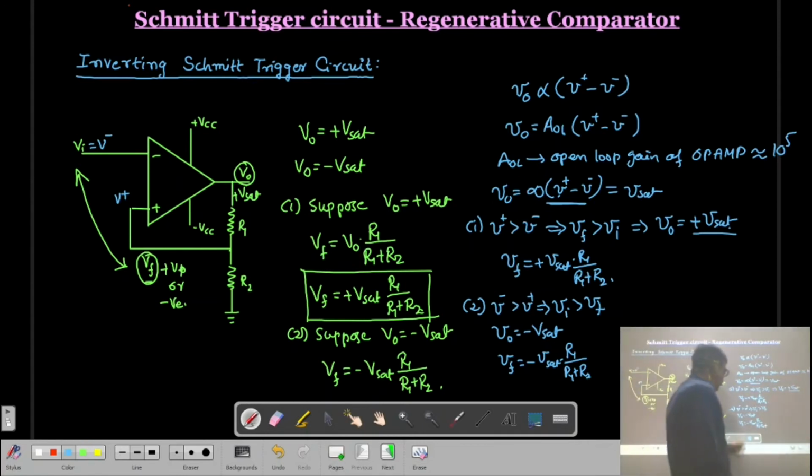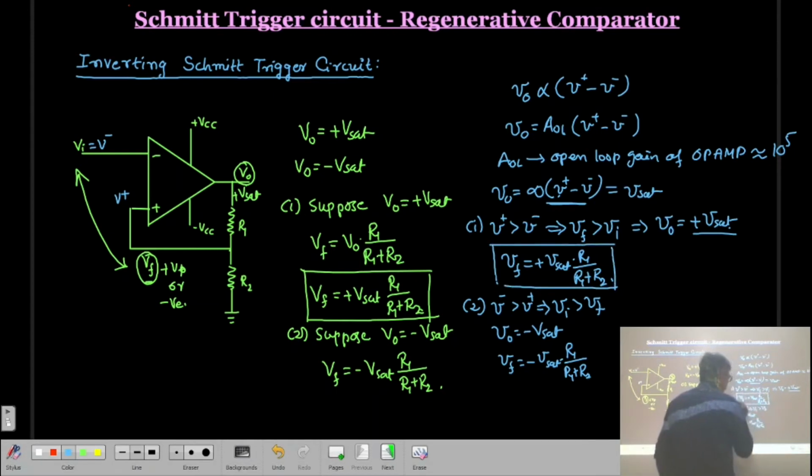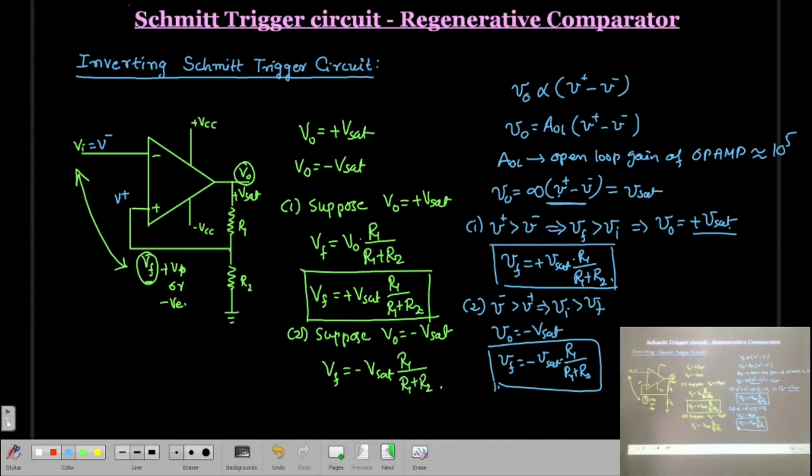So my feedback voltage is negative, and you can see we have two different feedback voltages, one positive and another negative. This indicates the operational amplifier has two different trigger levels.